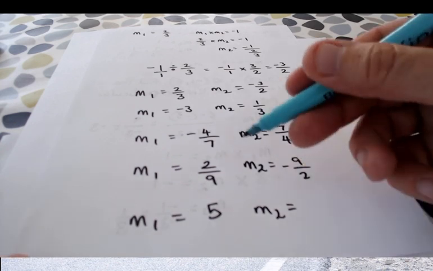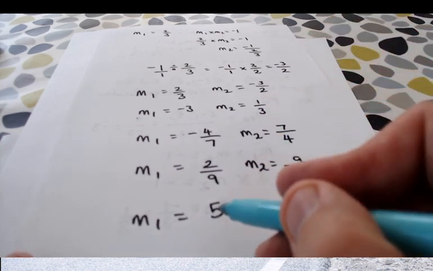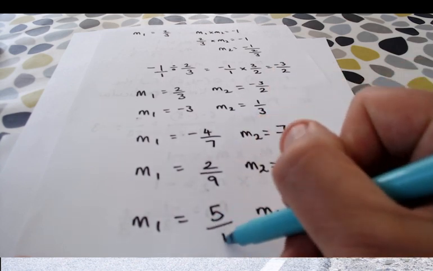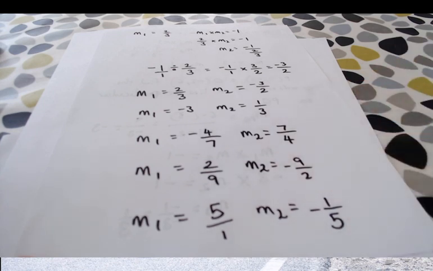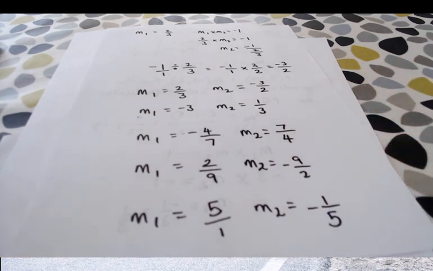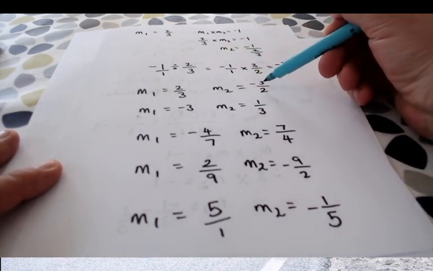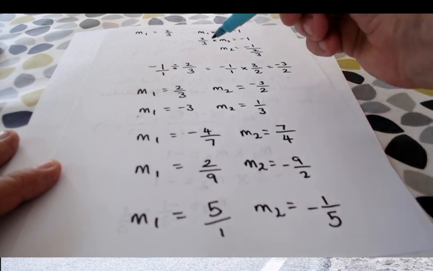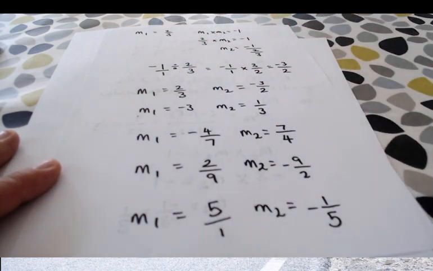If I'm talking about turning the fraction upside down, 5 doesn't look like it is a fraction, but remember 5 is really 5 over 1, so if I turn it upside down it would make a 5th, and I change the symbol. So the fast way of working out a perpendicular gradient is you turn the fraction upside down and you change the symbol. A negative becomes a positive, a positive becomes a negative. That is the fast way of doing it.